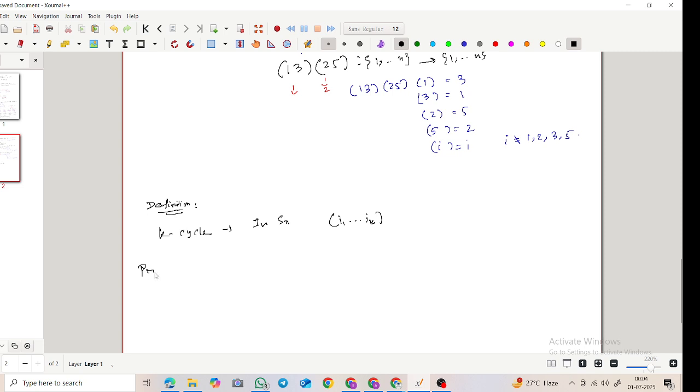So product of cycles, what is that? Suppose a k cycle is there and a d cycle is there.